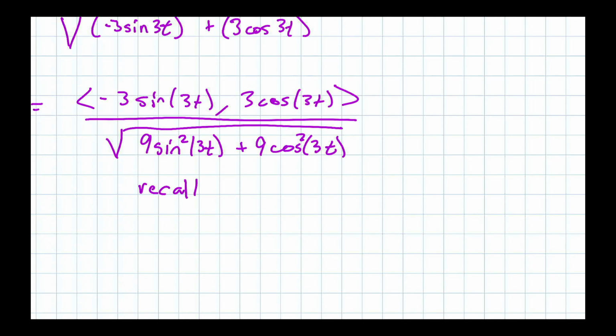Recall sine squared of anything plus cosine squared of anything equals 1. So if you put a 9 in front of both of them, then these are going to add up to 9.